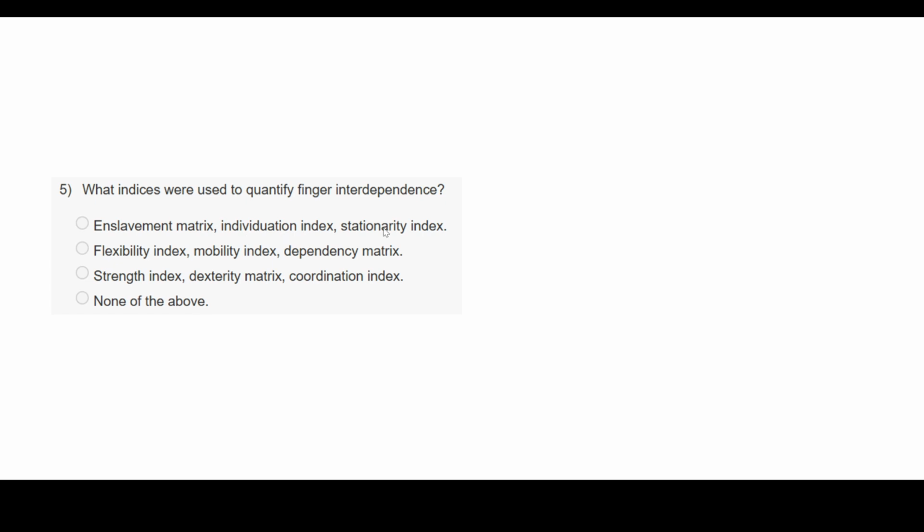Enslavement matrix, individuation matrix, stationary matrix, flexibility index, mobility index, dependency matrix, strength index, dexterity matrix, coordination index, none of the above. The answer is enslavement matrix, individuation effect, stationary index. The others are used to quantify other things that are not involved in finger interdependence studies.